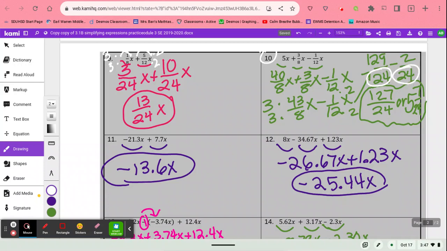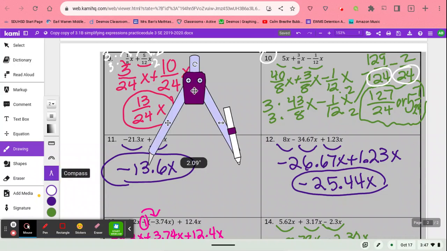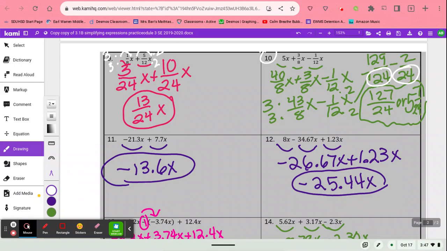So when I do that, we multiply 8 by 3, 43 by 3, multiply 12 by 2, so I multiply my numerator also by 2, and we have 129 minus 2 gets 127/24, or 5, and I think that's 7/24.